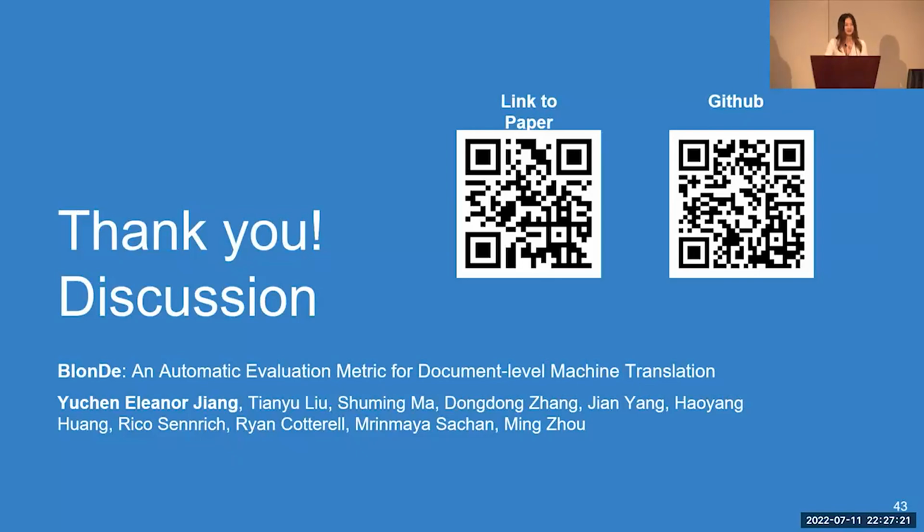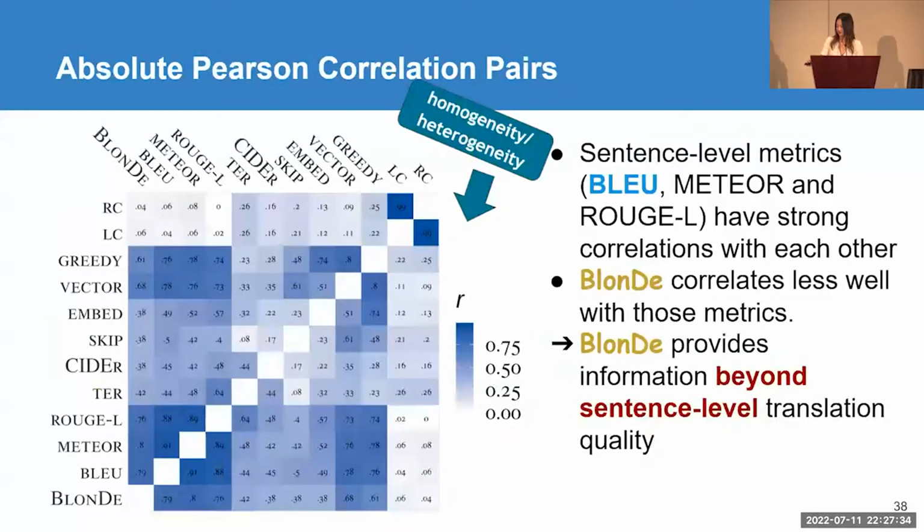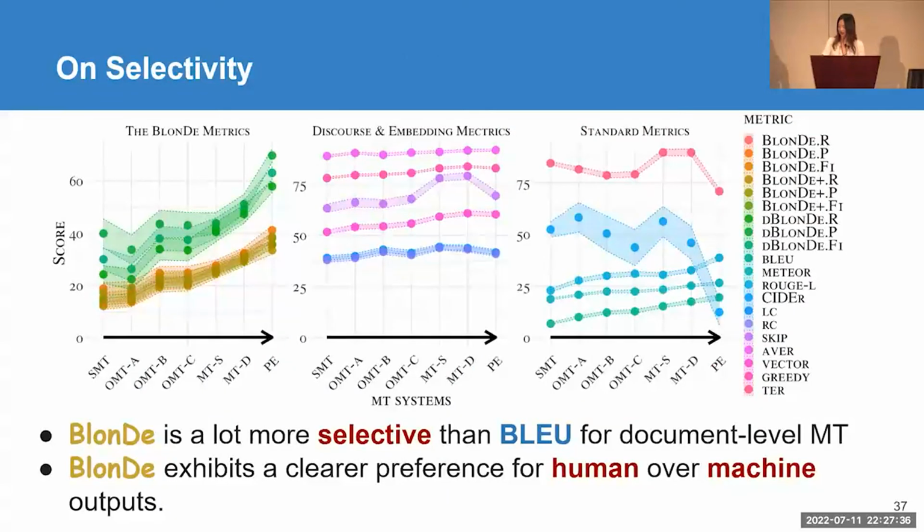Comet is not in the paper, but it's similar. Embedding-based metrics do not have the smooth, exponential trends that BLEU has.